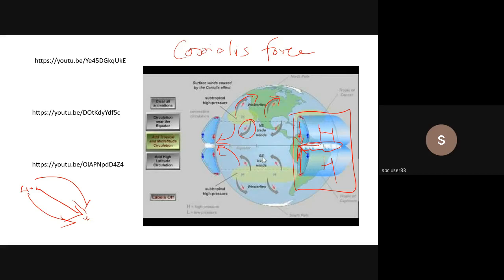Sorry, I will paste it here. Control B. And let me see if fortunately we go directly to this. This is the circulation thing. Are you able to see that?